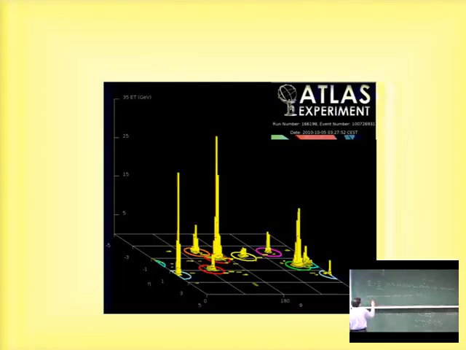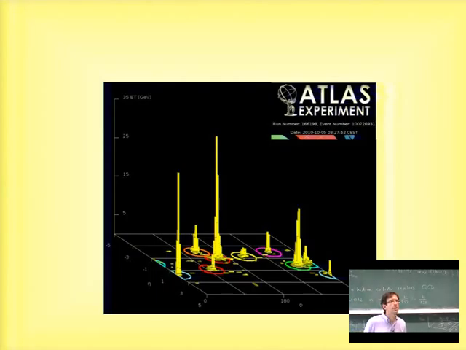So we have alpha S of order, let's say, 0.12, to be contrasted with the electromagnetic coupling, which, depending on what exactly you're doing, is somewhere in the range of 1 over 137 to 1 over 128. So it's more than an order of magnitude larger.